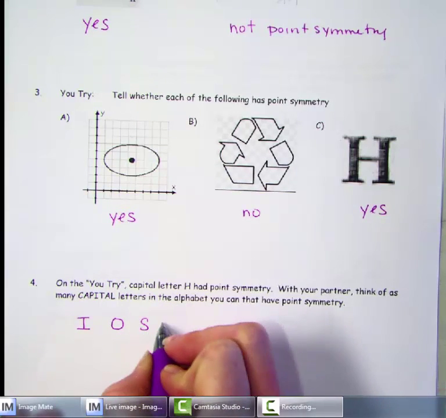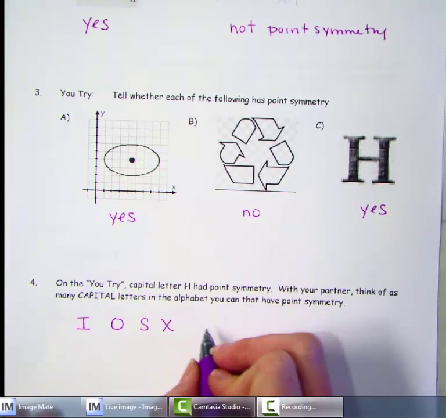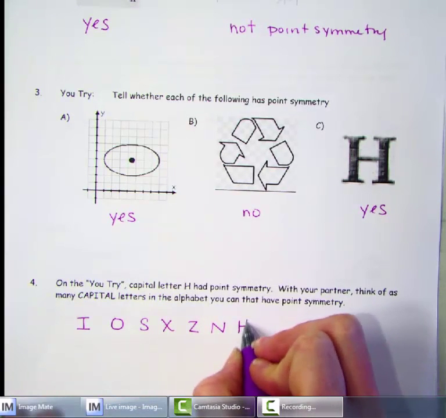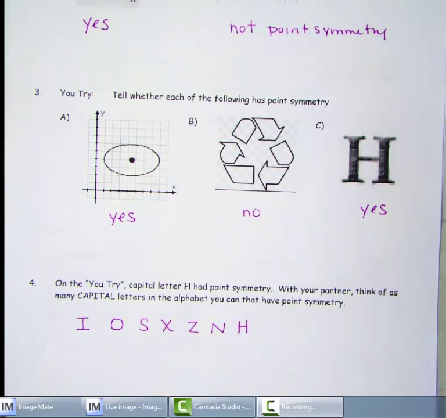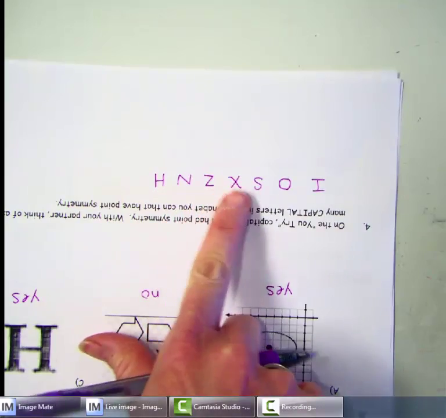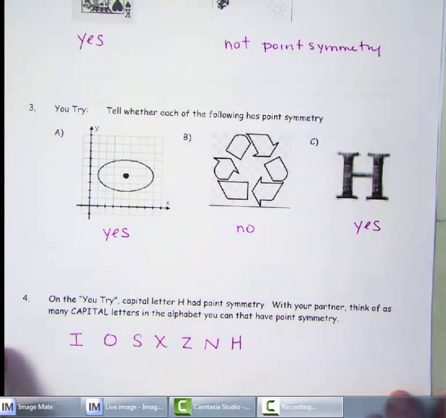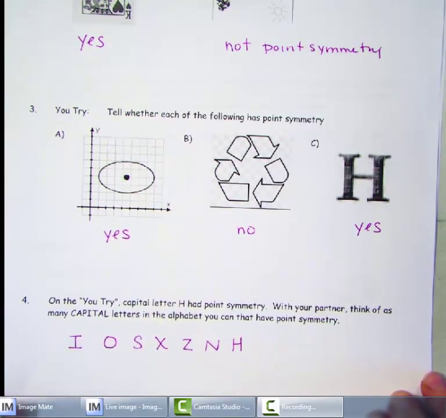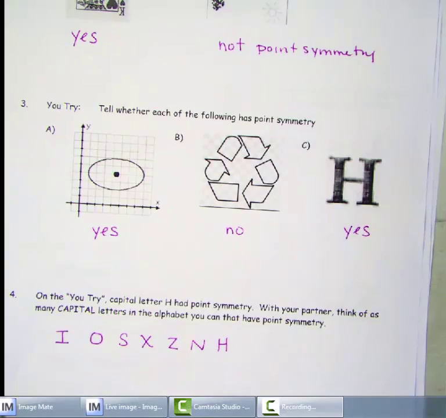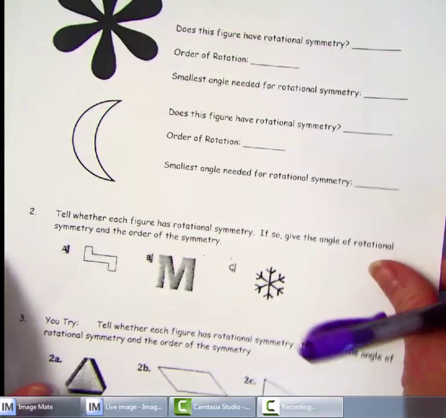S, X, Z, N, H, all are examples of letters that have point symmetry, meaning if you turn them upside down, they look like the exact same letter. Our last type of symmetry that we're going to talk about today, on the next page, is called rotational symmetry.